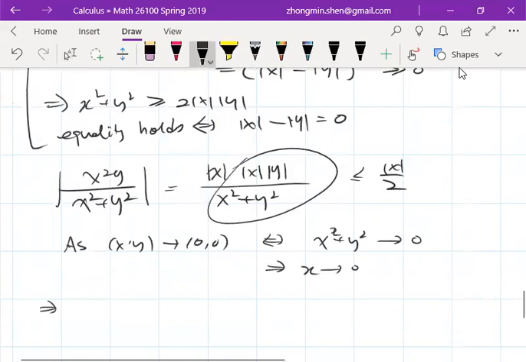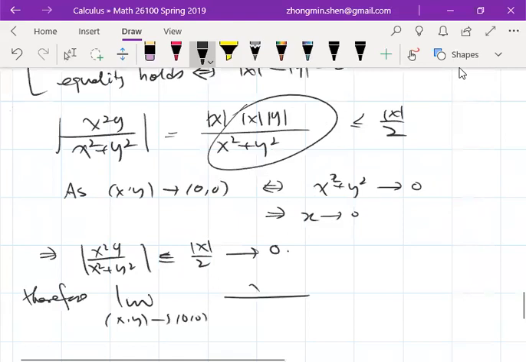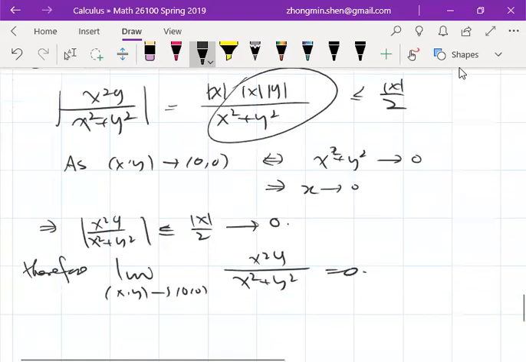So this implies the expression approaches 0. Therefore the limit of this expression is going to be 0. x squared plus y squared approaches 0 means the points are getting close to the origin.